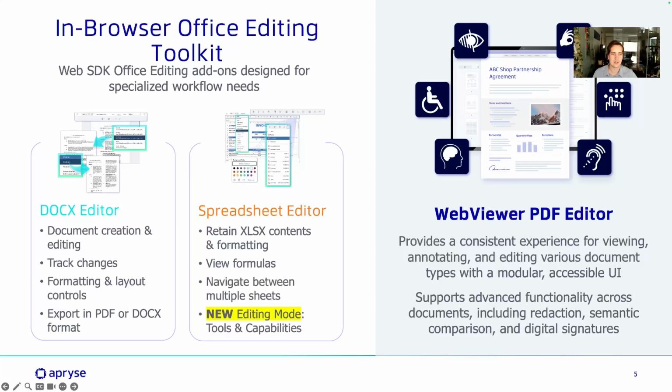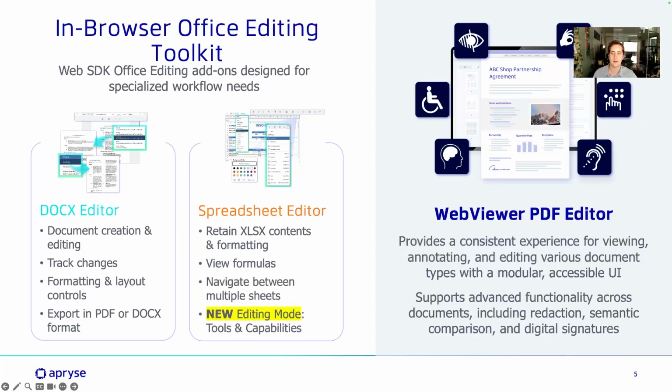But what it is not is a word processor. So even though you can view various Microsoft Office files, whether that's Microsoft Word, Excel, PowerPoint, it's not going to be like a traditional word processor. So a couple of years ago, we introduced our docx editor on the left-hand side here.